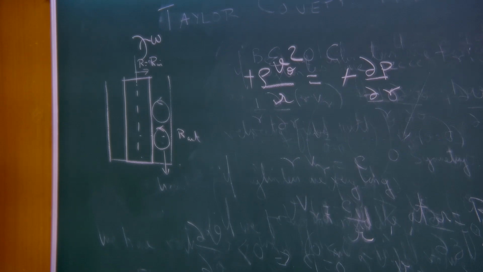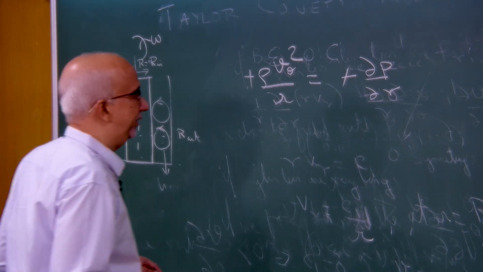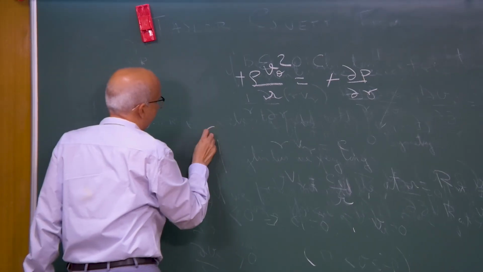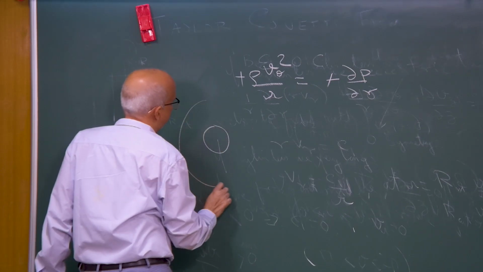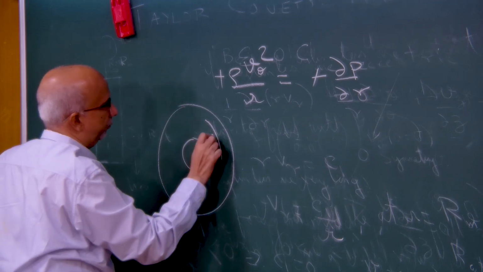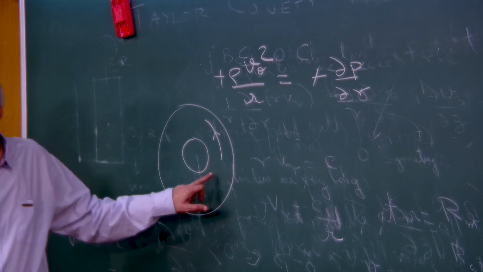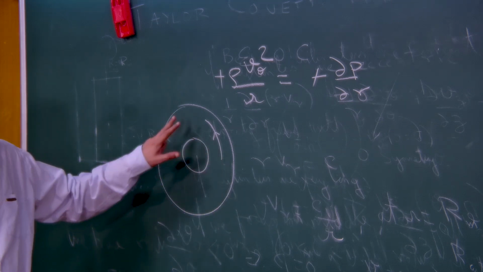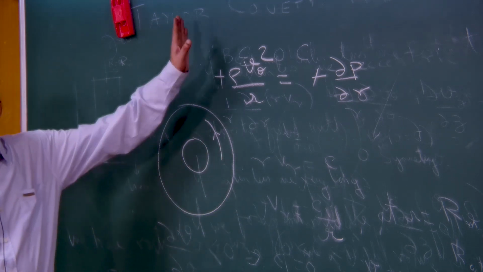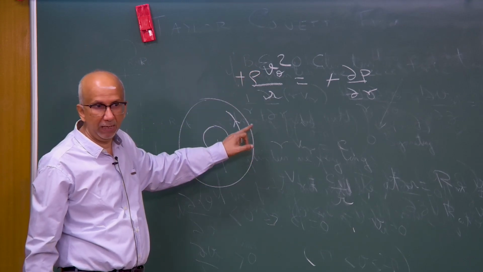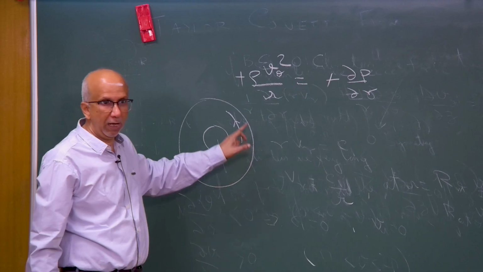So, if you have a particle, if I look at the circle, this particle is moving. What is preventing the particle from flying off in a tangential direction? What is keeping the particle constrained to move along a circle?